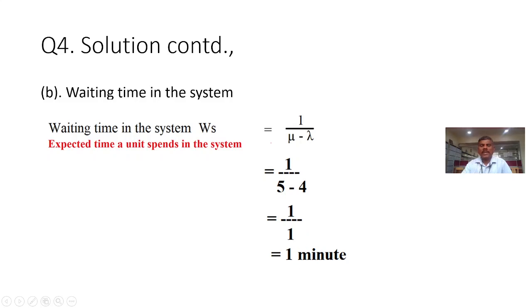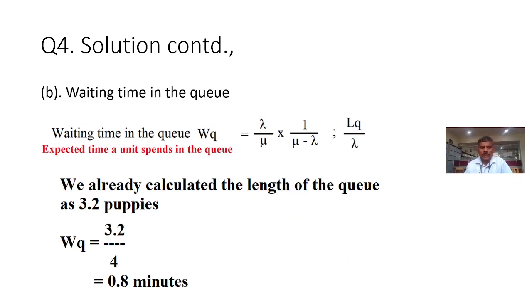So a puppy which enters the system has to wait for 1 minute, and then it can leave the system. The waiting time in the system is the waiting time in the queue plus the service time, which is 1 minute.